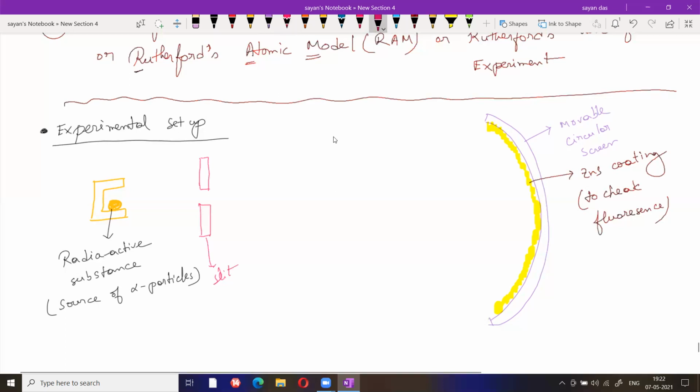And this one is gold foil. Now, what he observed?